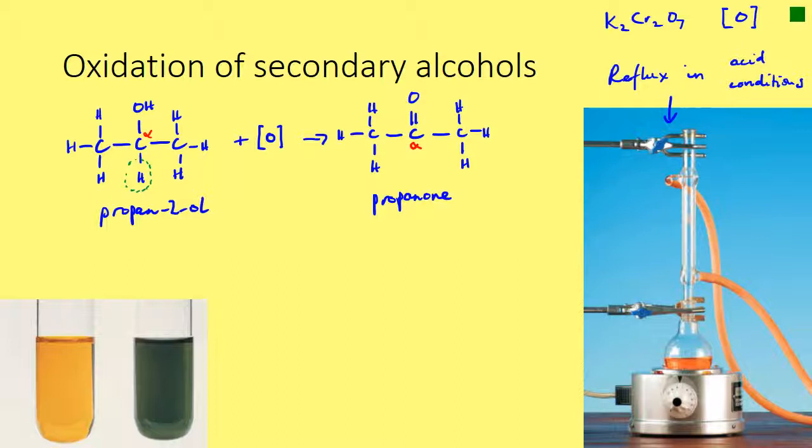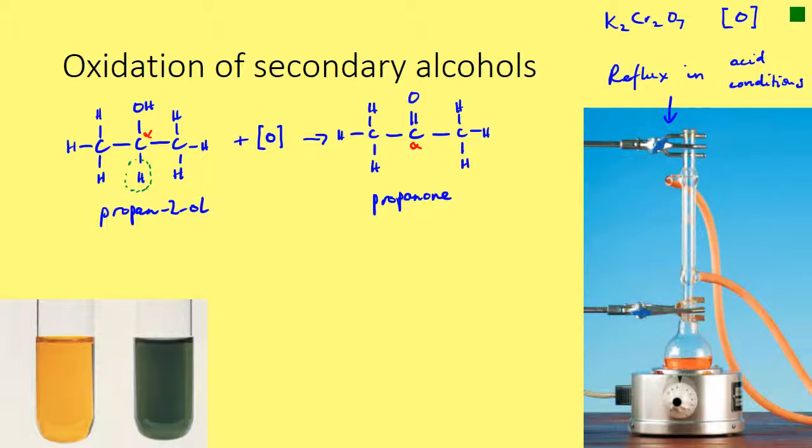It's our alpha carbon there, and in order for another oxidation step to happen, we need to have another hydrogen to lose, and we don't have another hydrogen to lose. We're not going to be able to lose either of those methyl groups, and so this is where the reaction stops. All right, so that's the difference between primary and secondary alcohols.